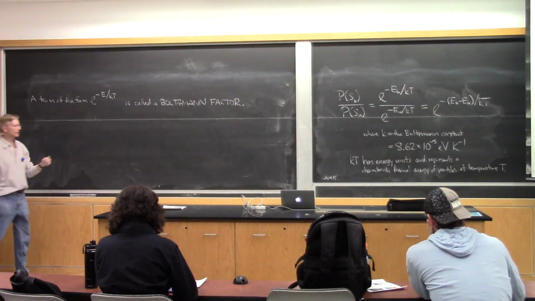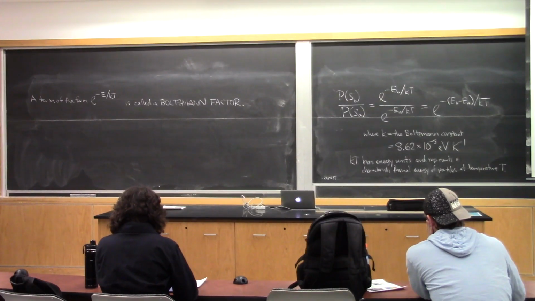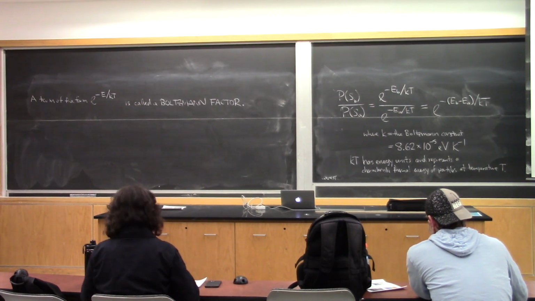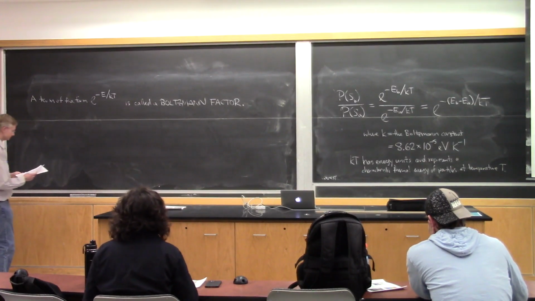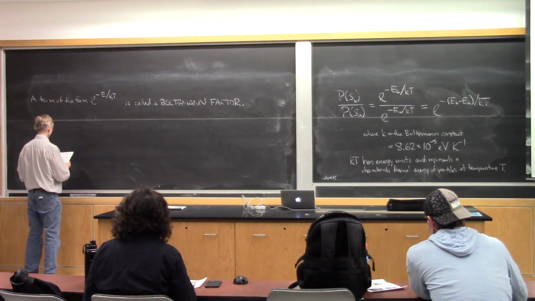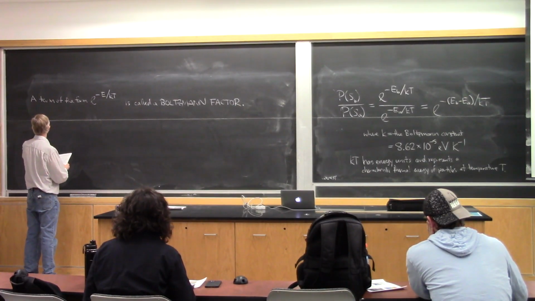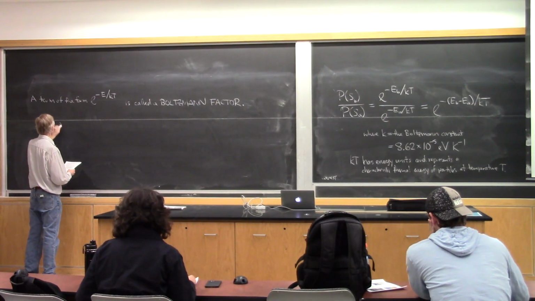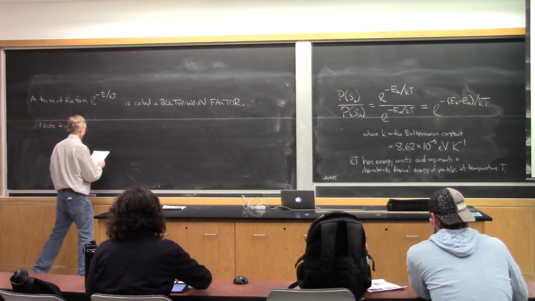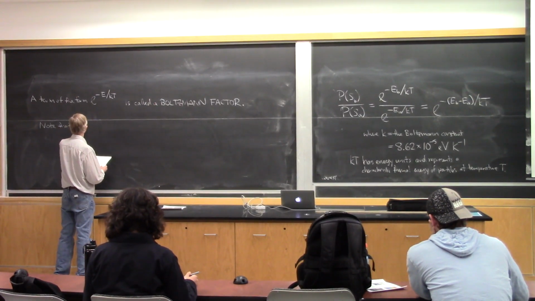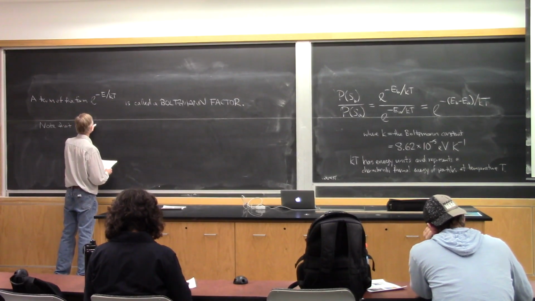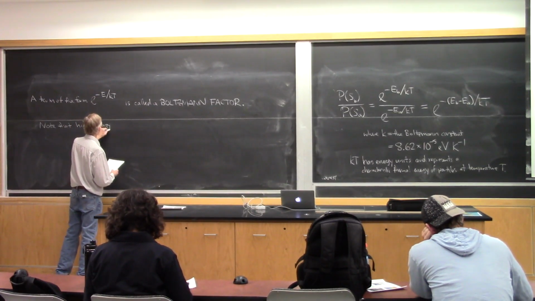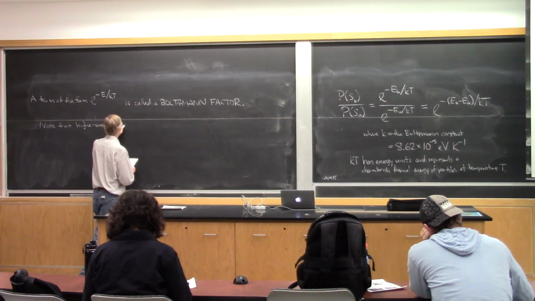And notice it's representing the relative probability of getting an atom or whatever into a state of energy E given the temperature T. So we want to note that higher energy states are less probable.